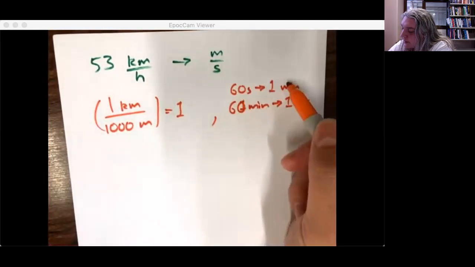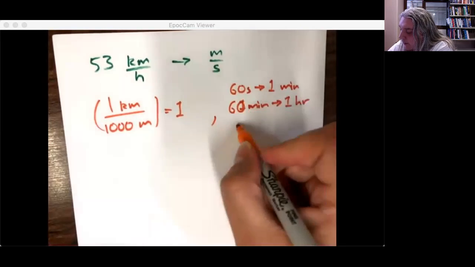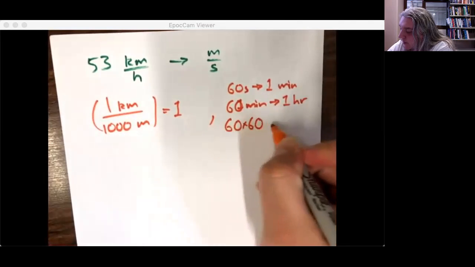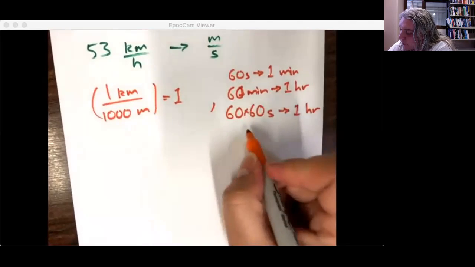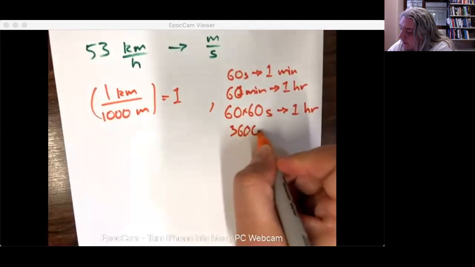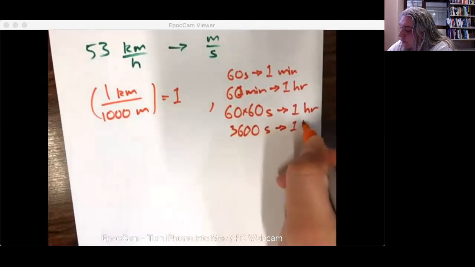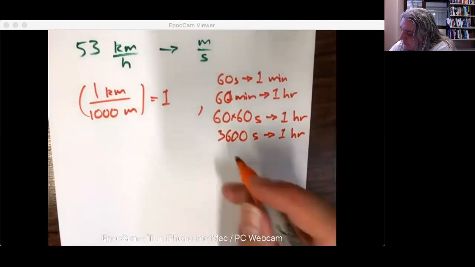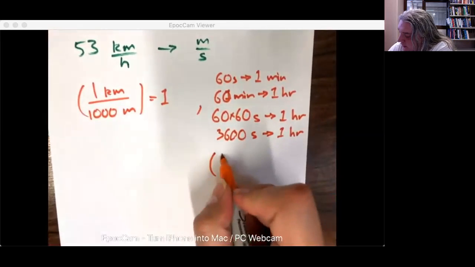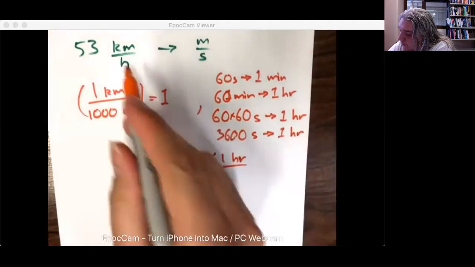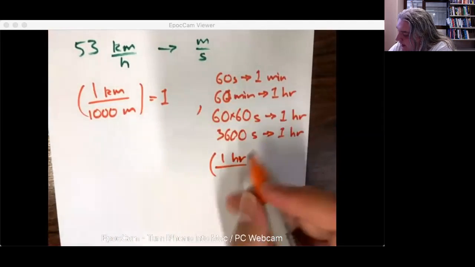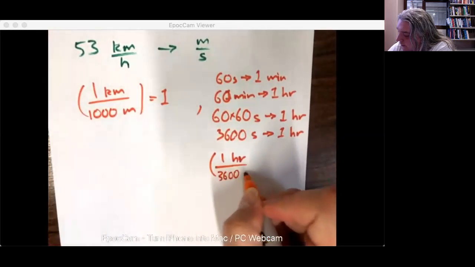So if you've got 60 seconds in every minute and 60 minutes in every hour, then you have 60 times 60 seconds to make 1 hour. And that is equal to 3,600 seconds for 1 hour. So that means that another fraction that we can use is 1 hour over 3,600 seconds.